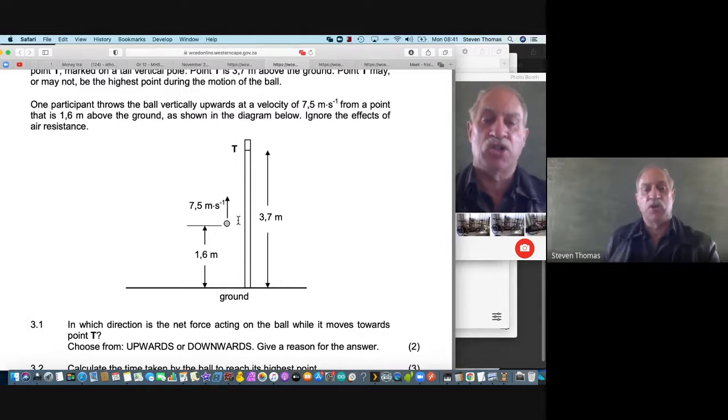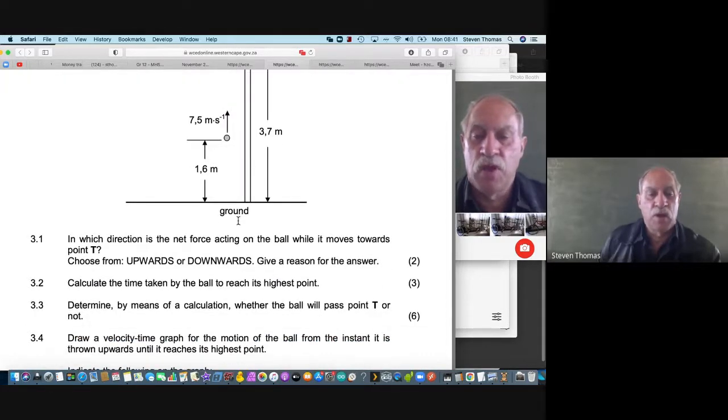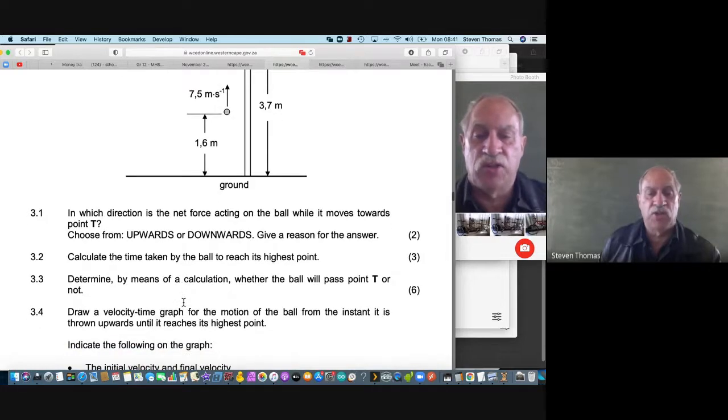And then you're just going to work out delta y, and add delta y to 1.6, and see if it comes to less or more than 3.7. If it's less, it didn't reach the height. If it's more, it did reach the height. So once you've calculated the time, which is easy enough, you just use an equation, and then you work out the distance, which I've said.